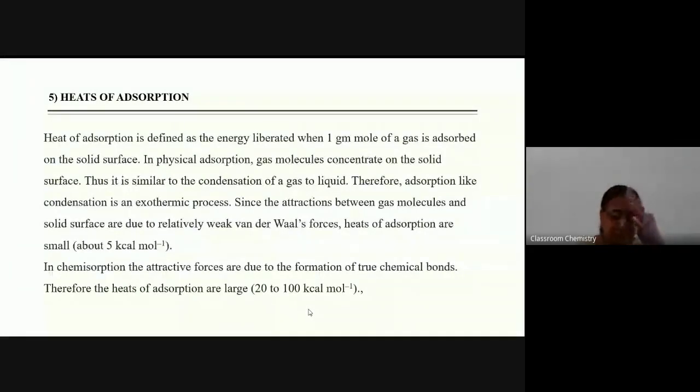हीट ऑफ ऍडसॉर्प्शन. 1 gram mole of carbon dioxide means how many grams of carbon dioxide? Gram mole means, what is gram mole?